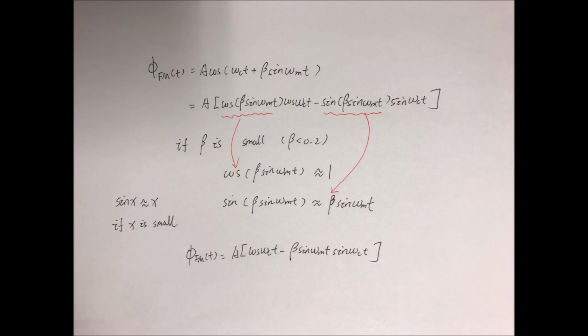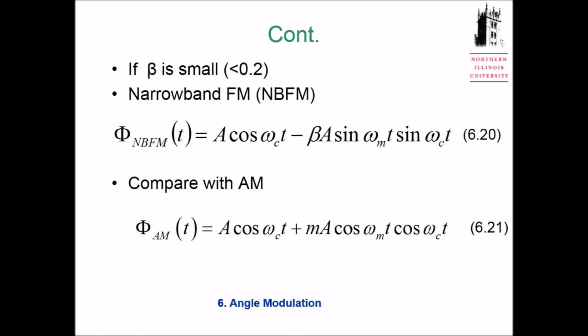So after we use beta less than 0.2, this one is approximately equal to 1, and this one is very close to beta sine omega m. We rewrite the original signal. We have narrowband FM equal to A cosine omega c t, because this one will be 1, minus beta sine omega m of t sine omega c of t.